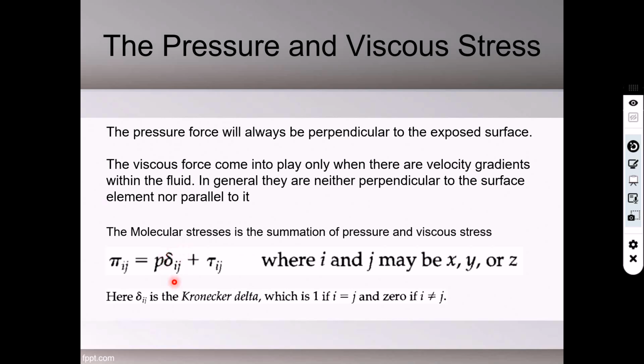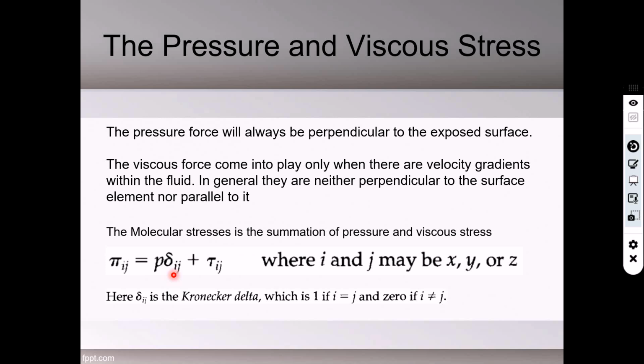And this delta function gives you very interesting results. If you put that here, you realize that for the pressure, the first index indicates the plate, right?